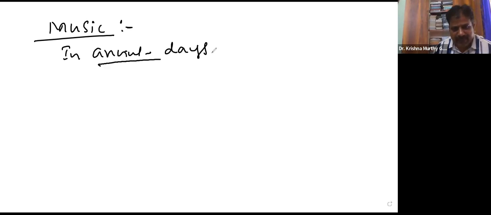Since ancient days till today, music is playing a very prominent role. That's an important thing. For example, I think all of you have already heard the name of the four Vedas. Which Veda revealed the significance of music, and is considered the earliest Veda for Indian music?